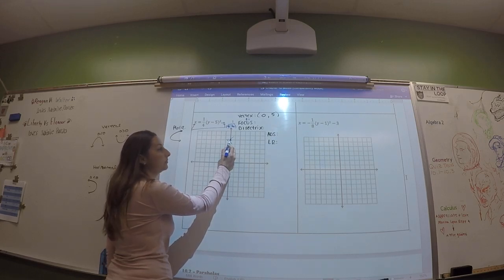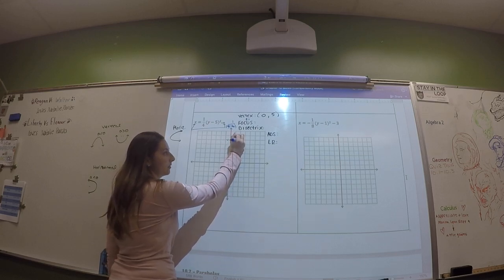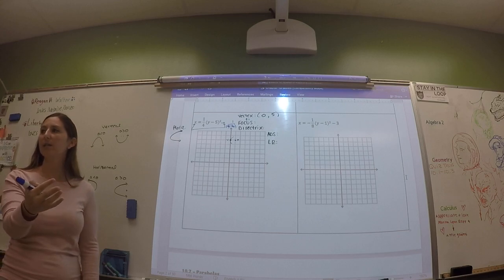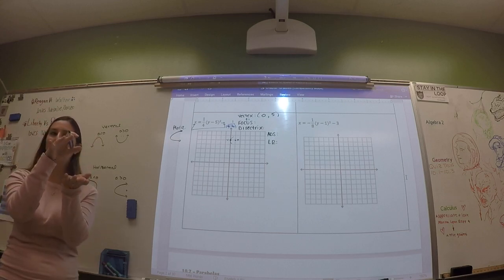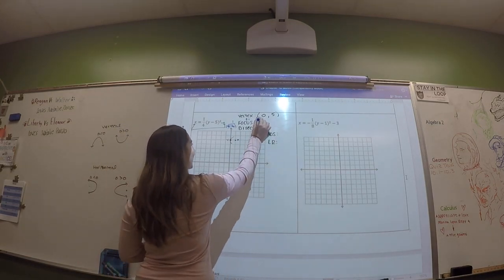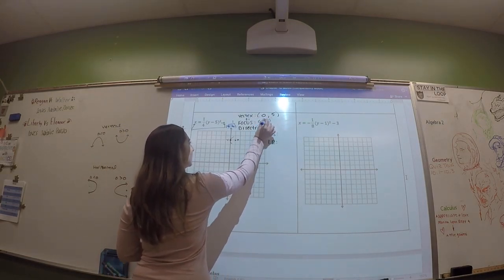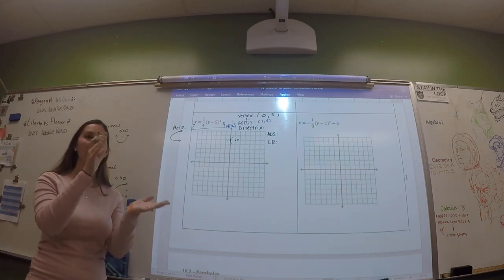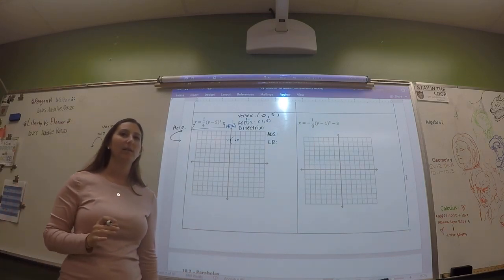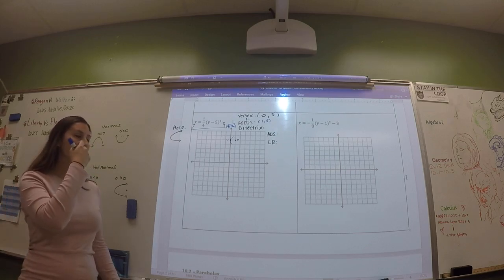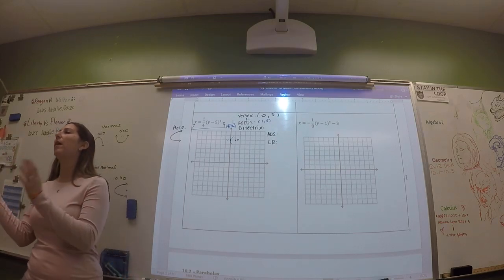One unit to the right of our vertex, because remember, the focus is like the pearl in the oyster. So our focus is at 1, 5, because it's 1 to the right. If the parabola is opening to the right, the focus is to the right, so you just add to the x value.